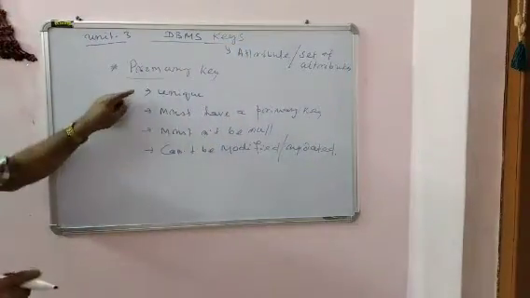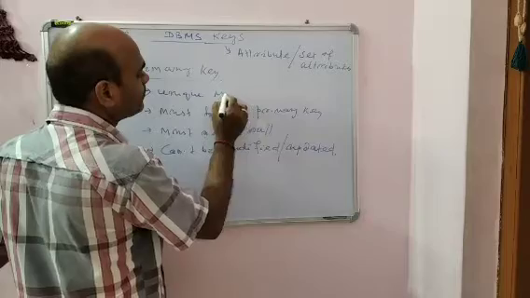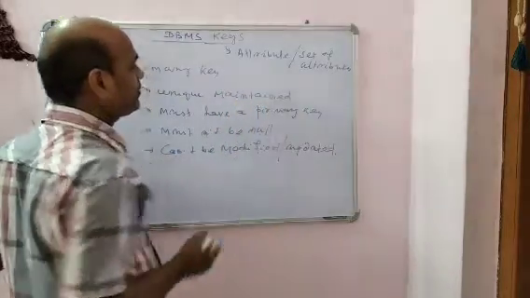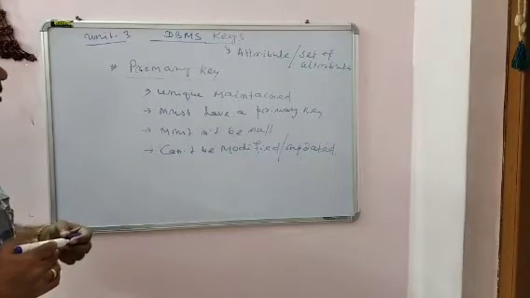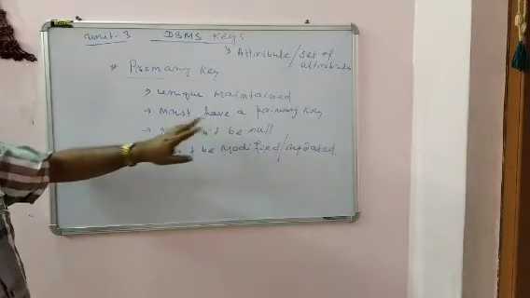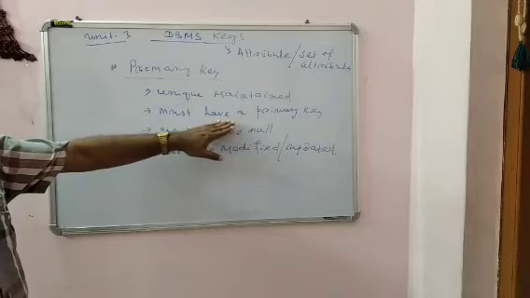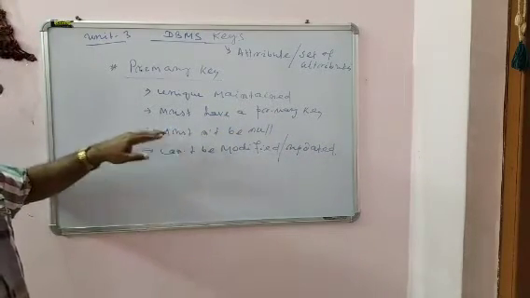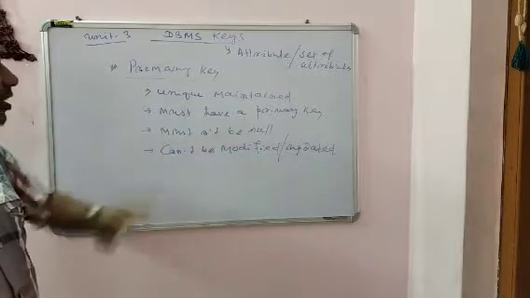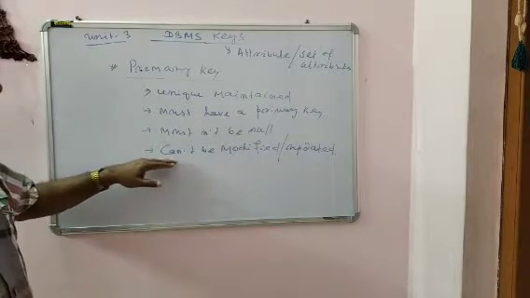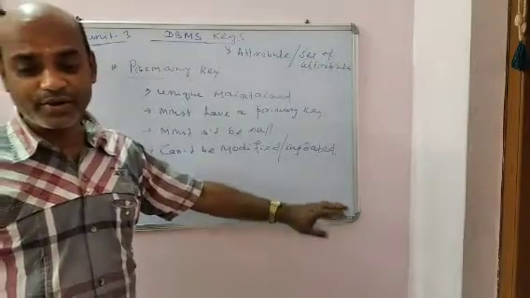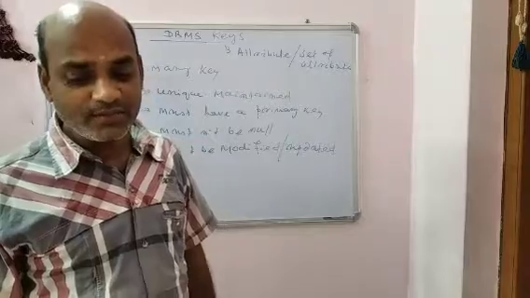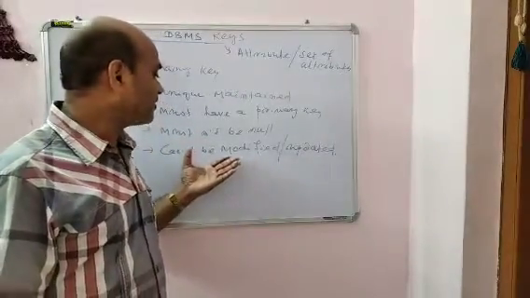So it is uniquely maintained. Every table must have a primary key. One or more keys can be considered the primary key, and this primary key must not be null. It cannot be modified or updated. So the value of the primary key can never change. That means it cannot be modified.